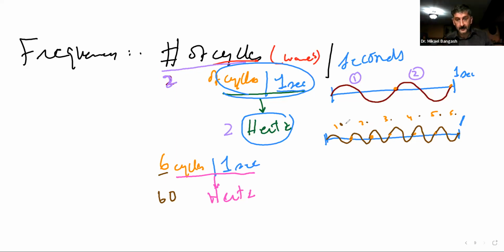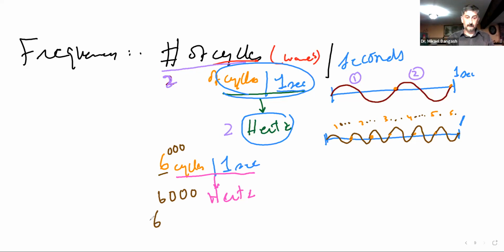Or had it been in thousands, not only 60, not only 100, but 6,000 cycles per second, then your frequency would be 6, and the 1,000 may become this, and hertz is still hertz.